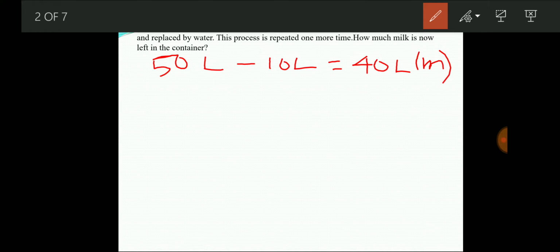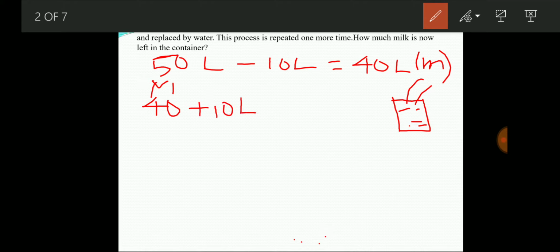Now with this 40 liters of milk in the container, they're going to add 10 liters of water. So we have 40 liters of milk in the container, and along with that 10 liters of water is added.